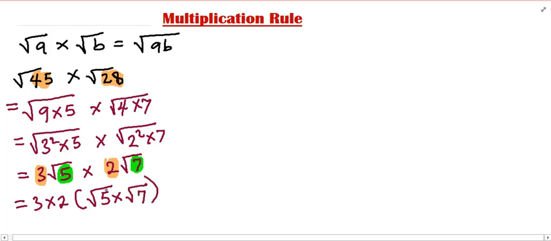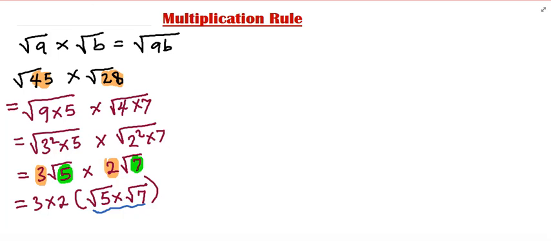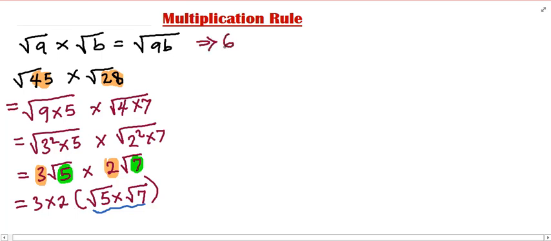Do you know why you can combine now? In addition and subtraction of surds, you cannot combine the surd parts if they are different, but in multiplication you can do that, and it only holds for multiplication. Okay, so 3 times 2, I want to continue from here, is 6, and 7 times 5 is 35.